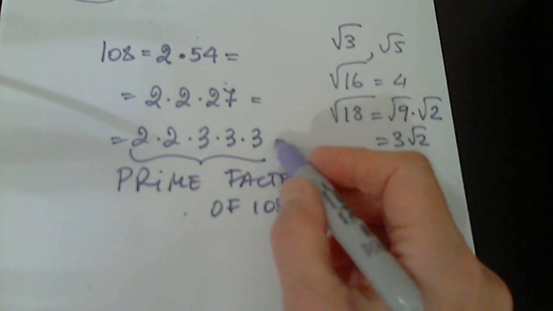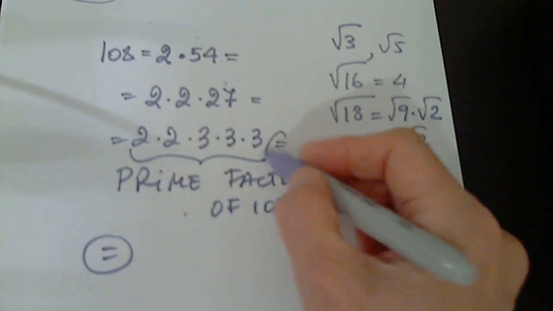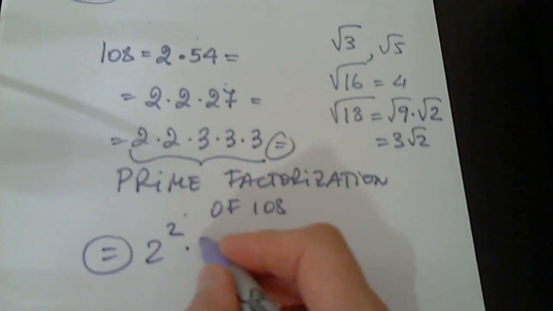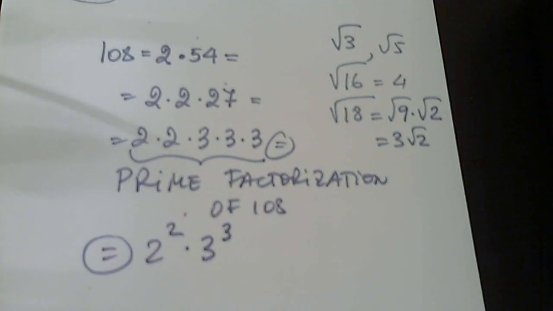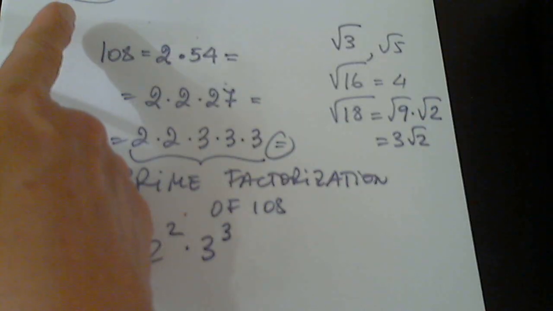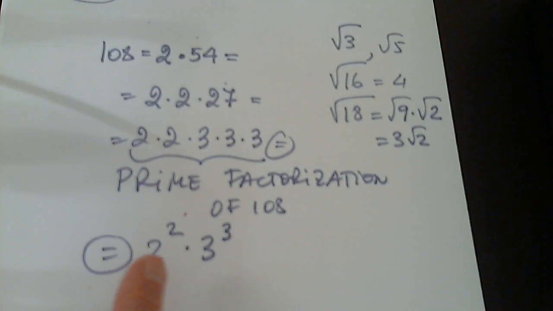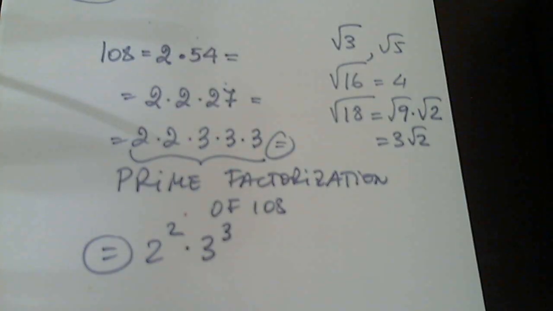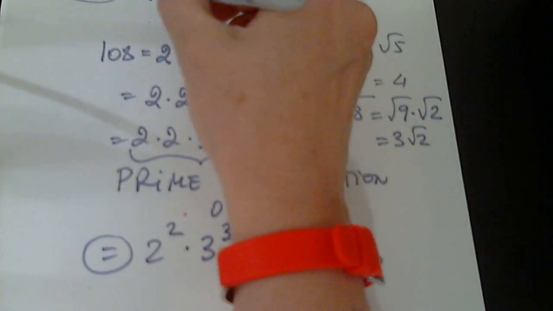So this is basically 2 squared times 3 to the third. But I know now how to rewrite 108: 4 times 9 times 3. So this is the square root of 4 times 9 times 3.